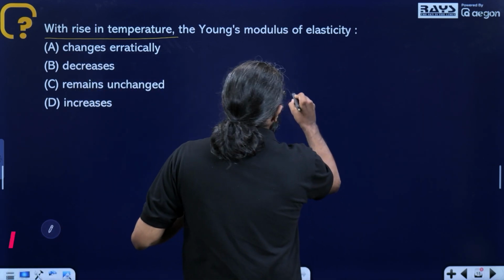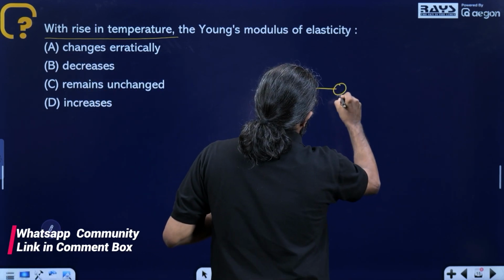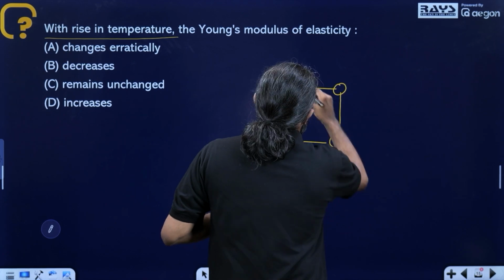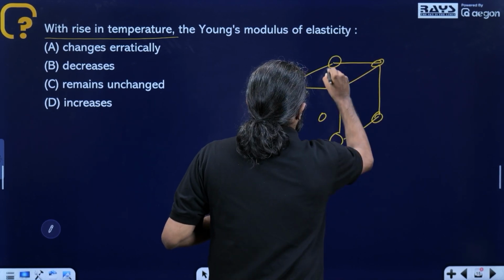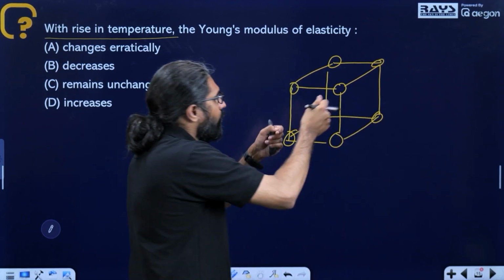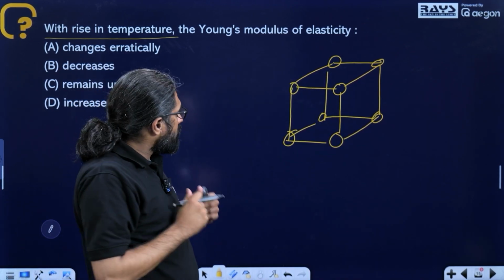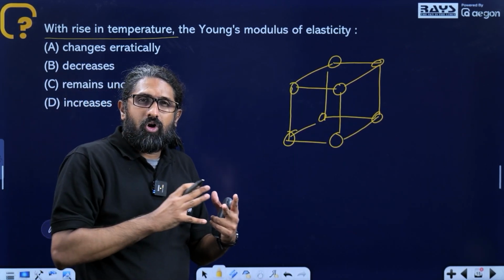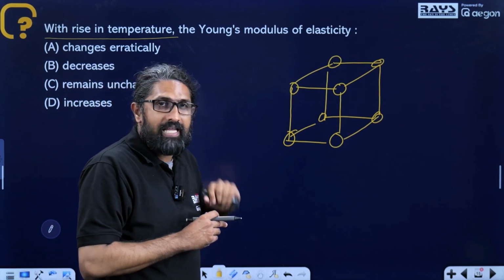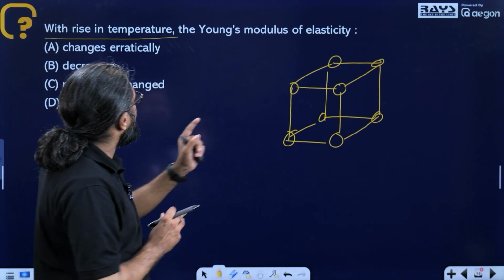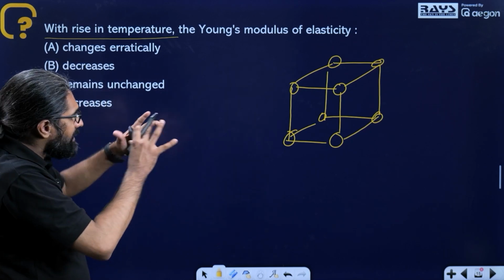That is, please understand the fact that for a solid there is a certain packing of the particles, and the intermolecular forces cause the rearrangement of these, or the restoring force acting on these materials. But the restoring force is decided by intermolecular forces.